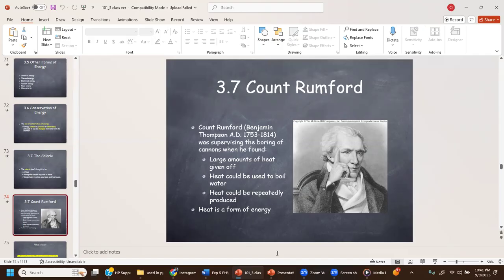He found that a large amount of heat was given off when the cannon was bored. This heat did not disappear; it was actually used to boil the water the cannons were in. Heat could be repeatedly produced, and he was one of the first people to recognize that heat is a form of energy.